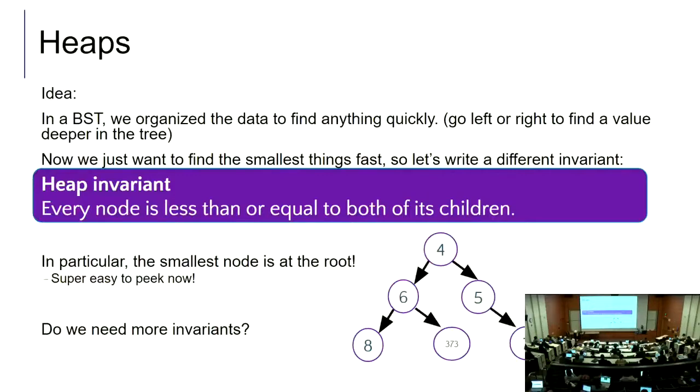However, this doesn't look like an AVL tree, right? Notice we don't actually care about the left versus the right. Things are in a little bit less predictable order. So this is kind of a looser invariant, if you will. We just need to guarantee that the parents are smaller than or equal to the children.